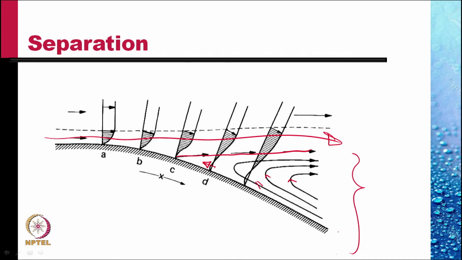Since an increasing pressure, that is dP by dx positive, leads to separation, which is not a desirable condition, such a pressure difference is called an adverse pressure gradient. And wherever the pressure gradient is negative, that is, pressure is decreasing in the streamwise direction, we call that favorable pressure gradient.